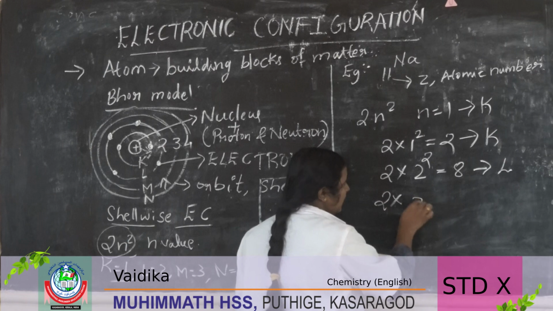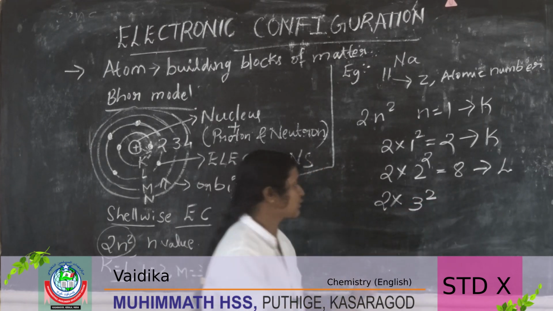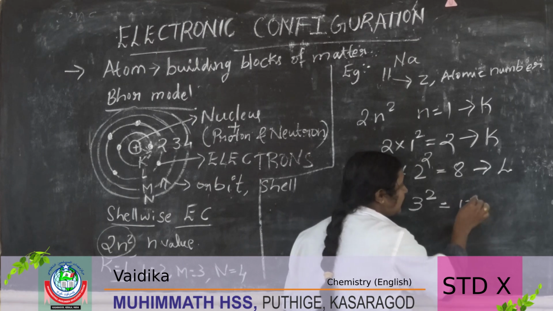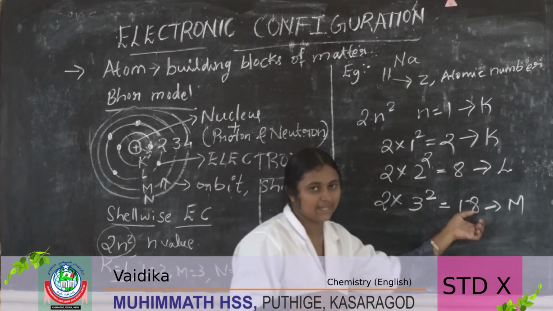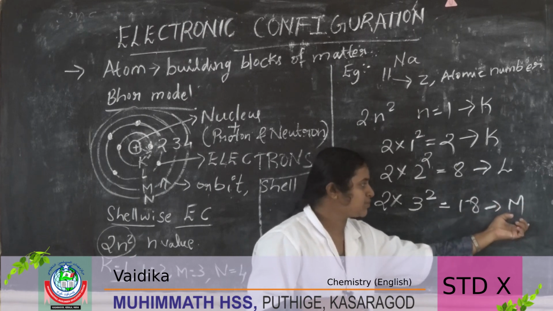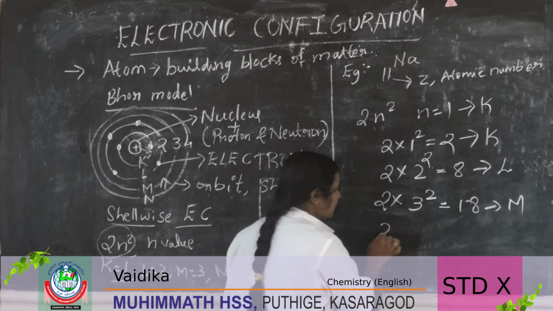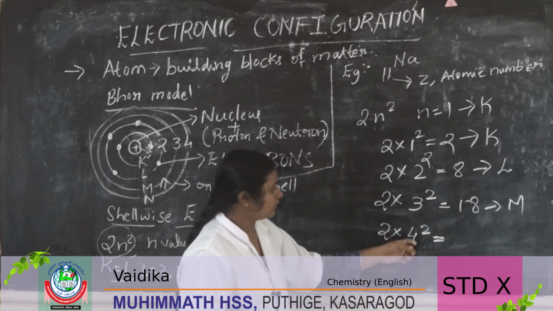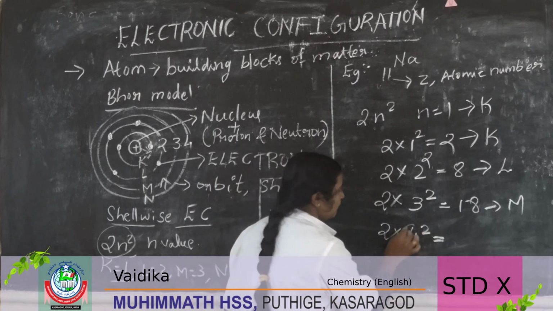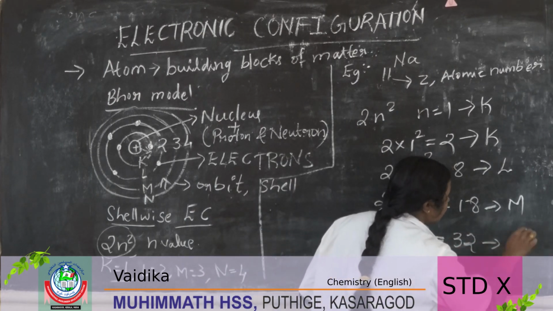In the M shell, M is the third shell. So 2 into 3 square, you will get 18 as the answer, right? In the M shell, 18 electrons will be the maximum. Next will be N, right? In the N shell, the n value will be 4 and you will get 32 for the N shell.